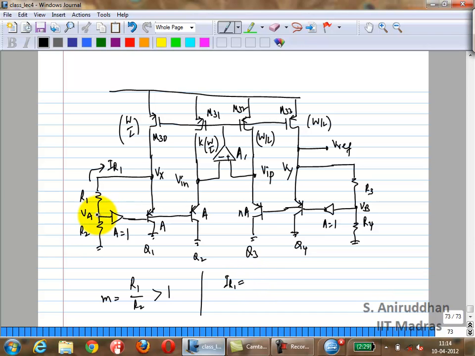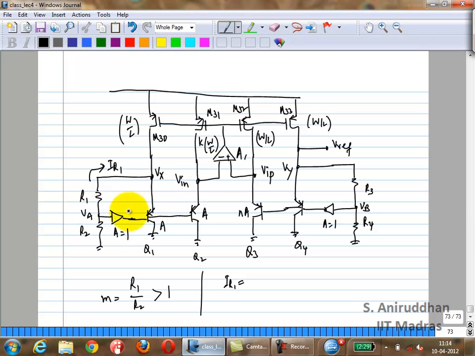Minus VA by R2. Okay, but you don't know VA. Can you give it in terms of quantities we know? Preferably in terms of PBs or something like that.